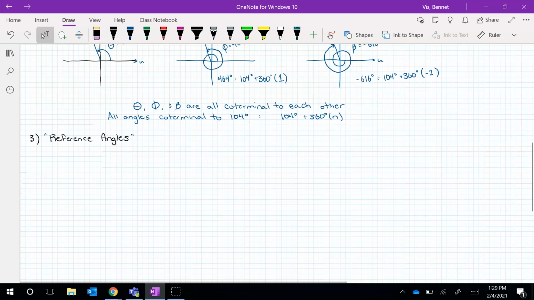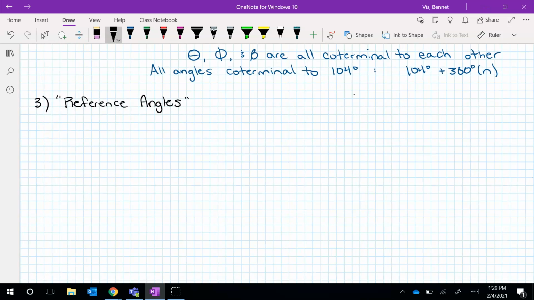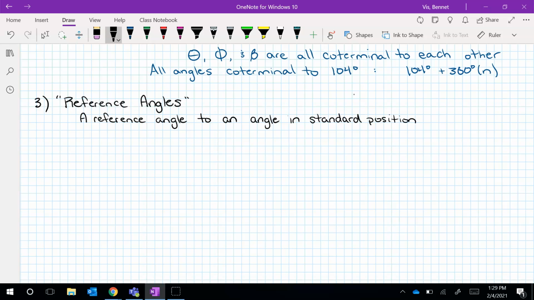So a reference angle, and I'm going to zoom in here, make my handwriting a little bit better. A reference angle to an angle in standard position has 3 things that need to be true about it. We've got 3 different cases. It's positive.